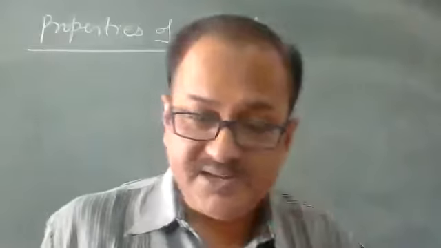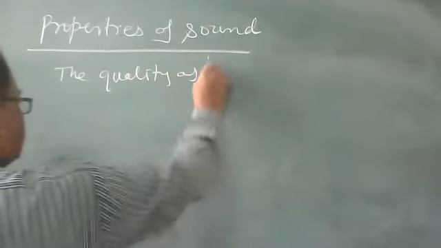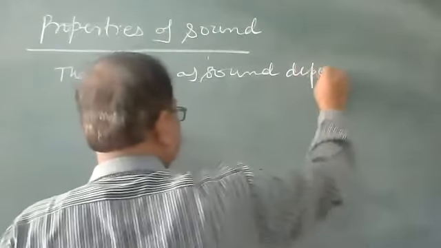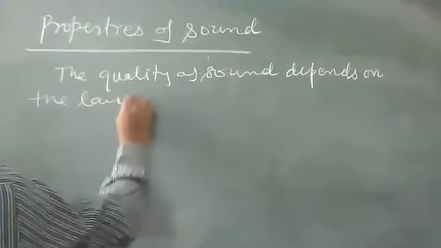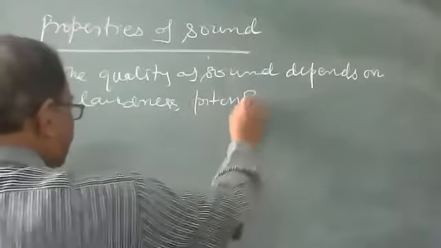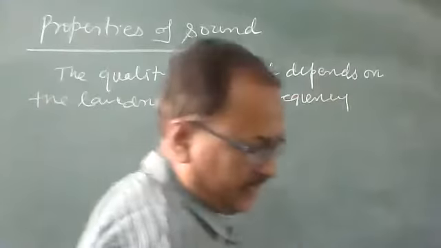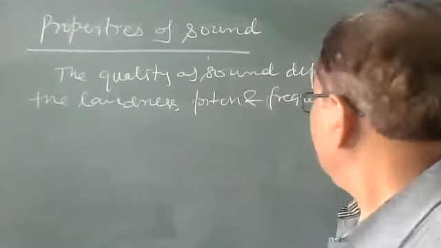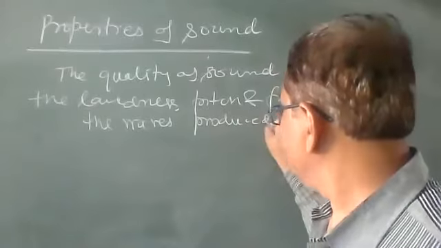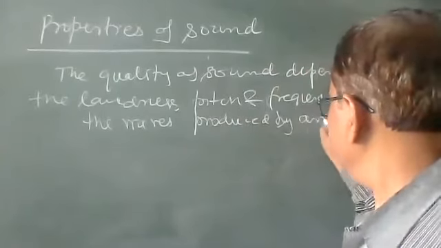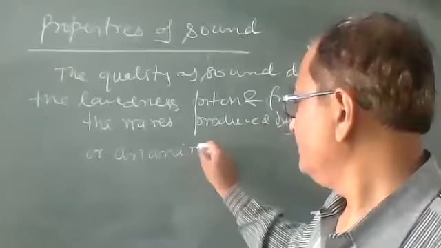So what we can say, the quality of sound. In summary, we can say the quality of sound depends on the loudness, pitch, and frequency of the waves produced by an object or an animal.